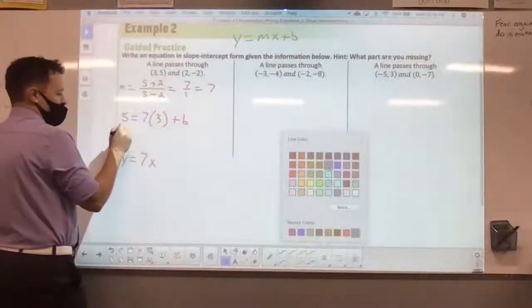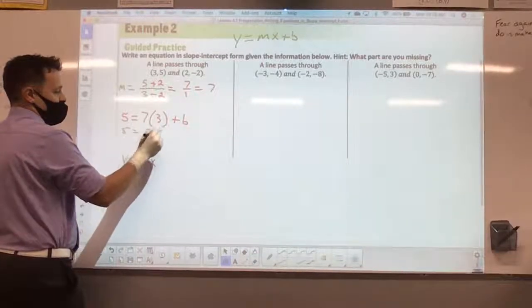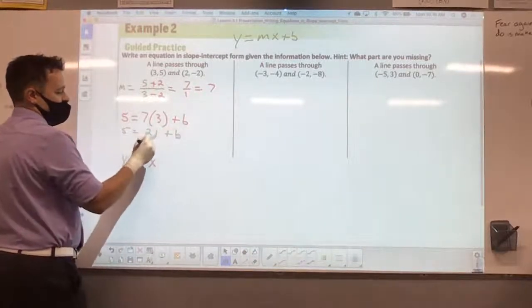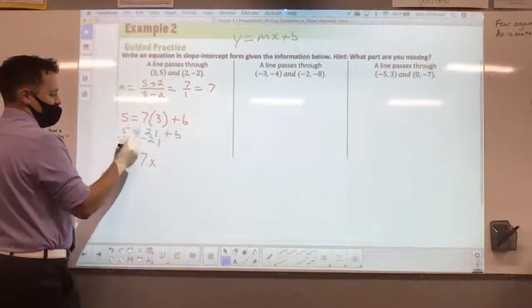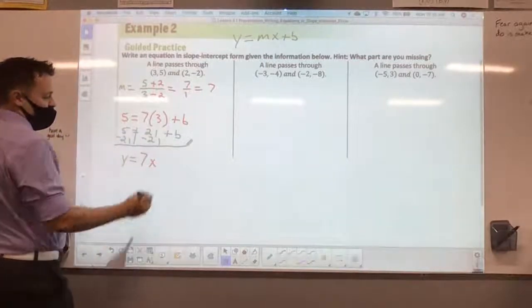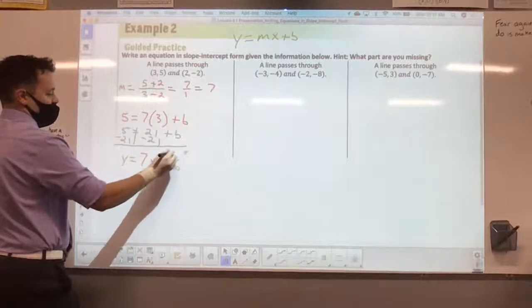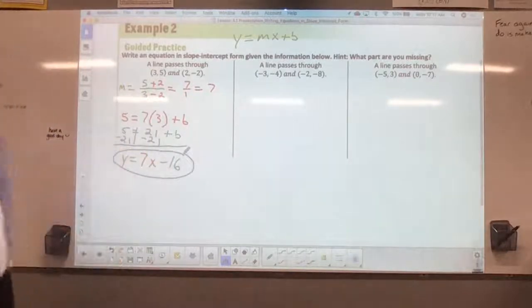So this would be 5 equals 21 plus b. You subtract 21 from both sides. And ladies and gentlemen, what number do you get? Negative 16, okay? So your answer should be 7x minus 16.